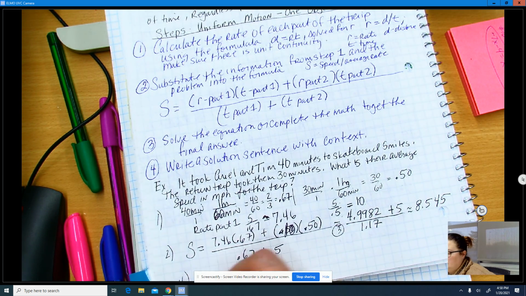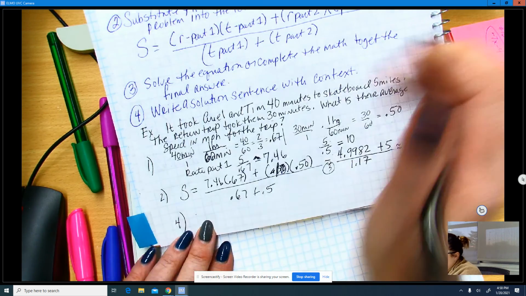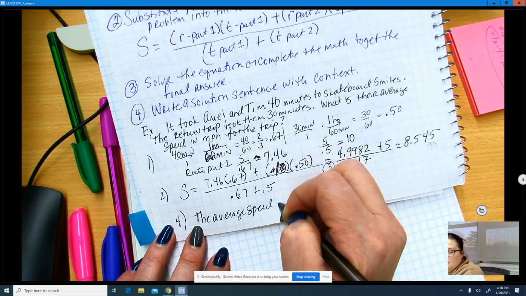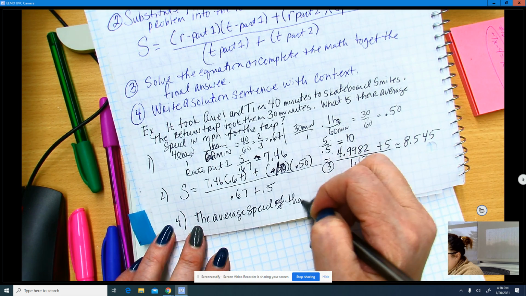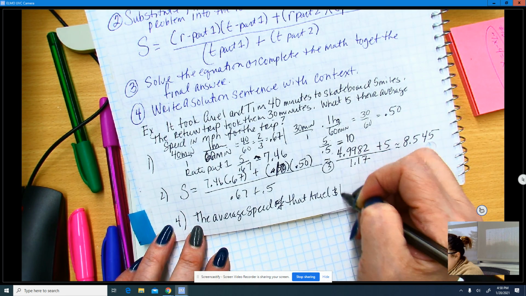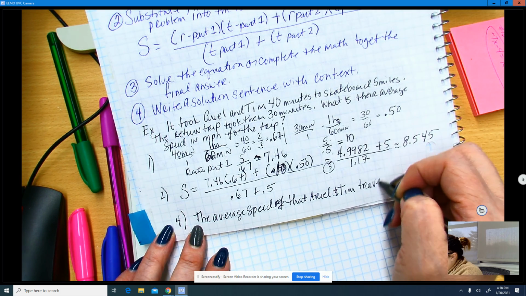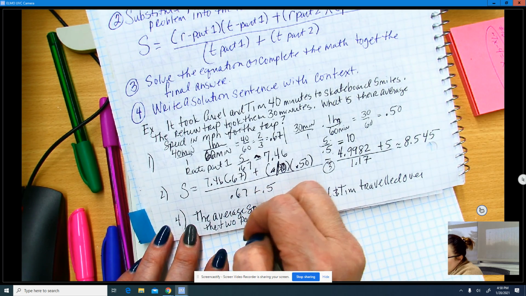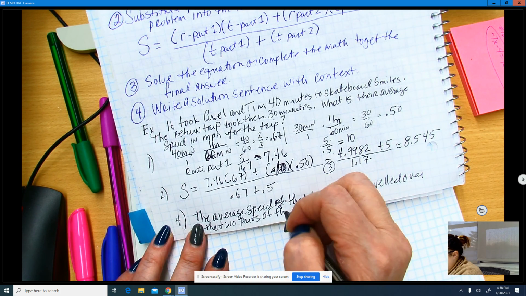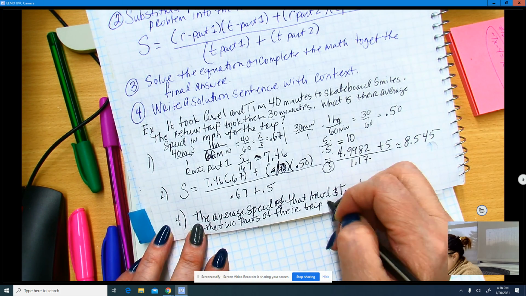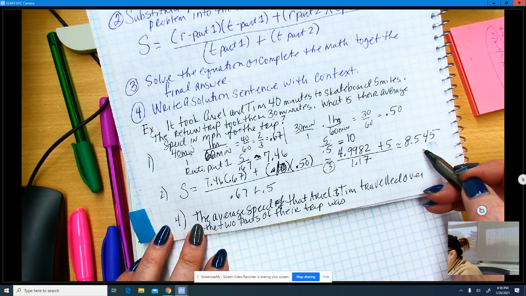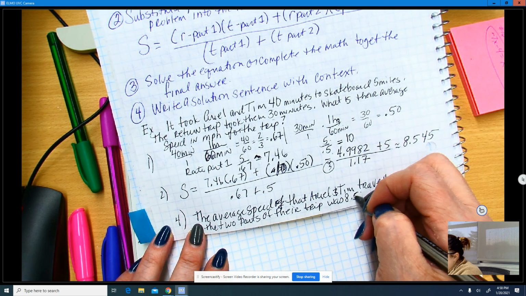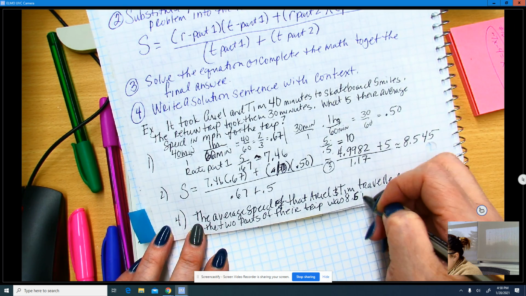So step 4, write the solution sentence. The average speed that Ariel and Tim traveled over the 2 parts of their trip was, I would accept 8.6 or 8.55, 8.5, and it just makes sense to actually round it to the tenths here, 8.6 miles per hour.